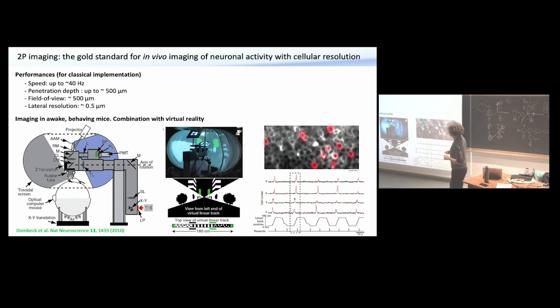And the mouse is actually walking inside a maze, like a corridor. And while the mouse is walking inside this virtual corridor, with two-photon microscopy, they are collecting the activity of the neurons, and they can find what has been found by electrophysiology. They find place cells, so they find cells that are active in different parts of the corridor.